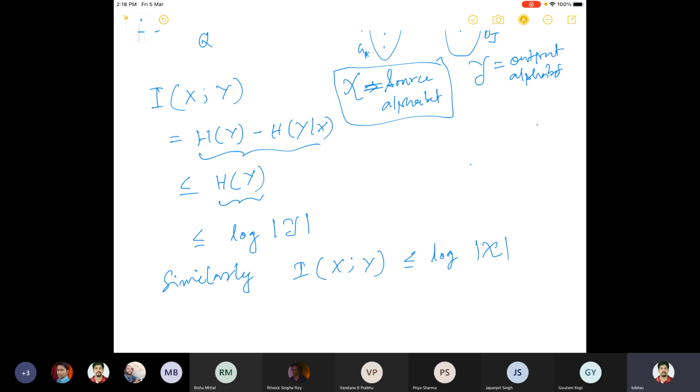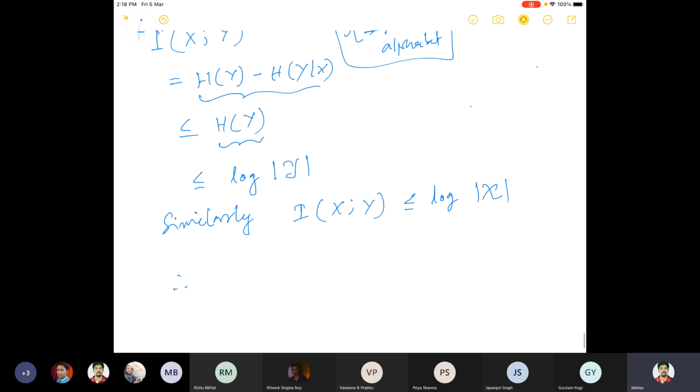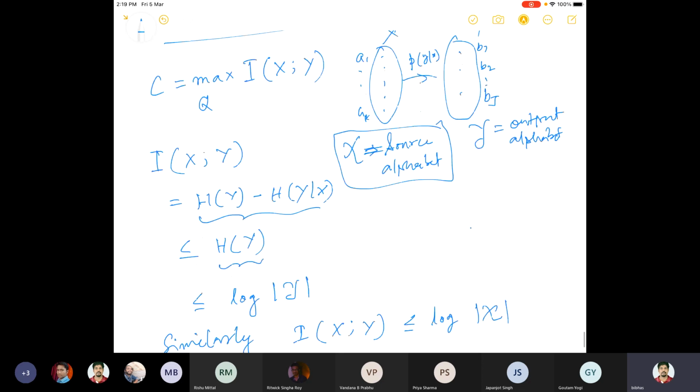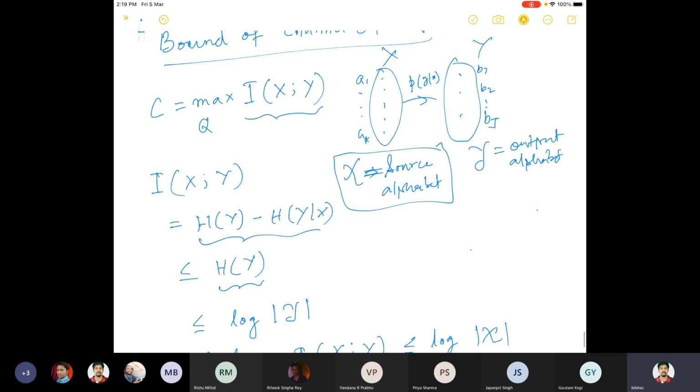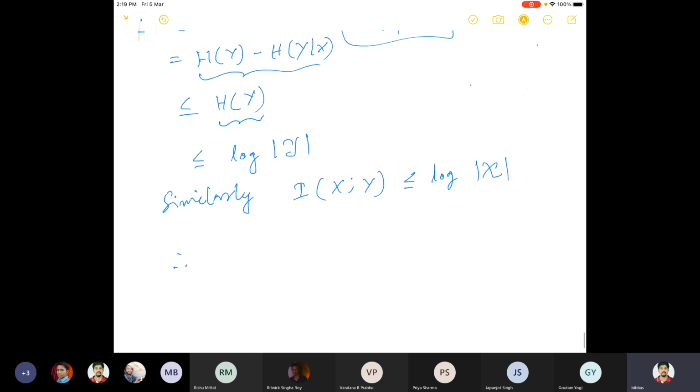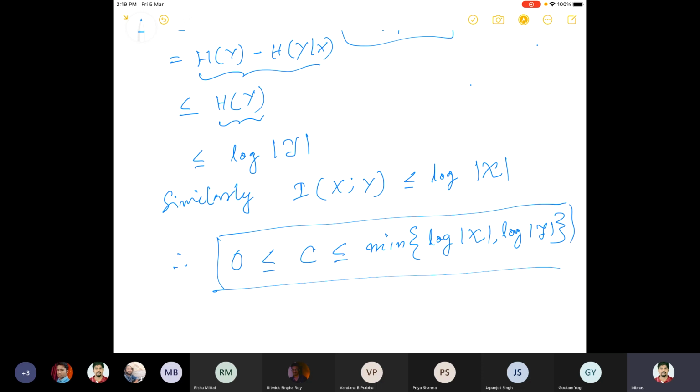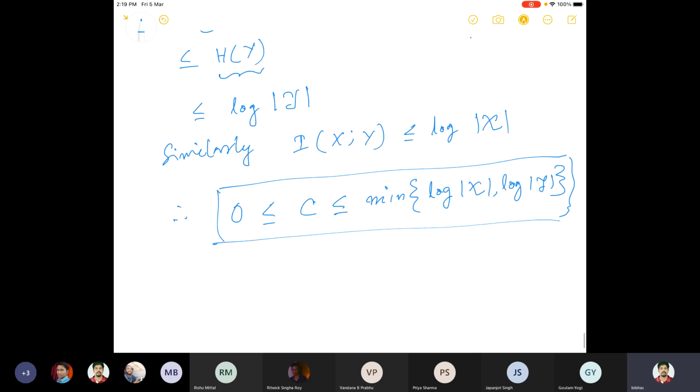And of course, average mutual information is a non-negative number, which we proved earlier when we defined it. Therefore, the channel capacity is less than or equal to the minimum of these, the log of the sizes of X and Y. This is a generic bound, which may not be of much interest, but at least there is a bound for this.